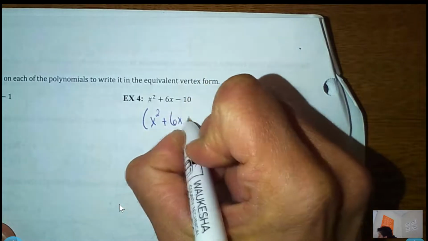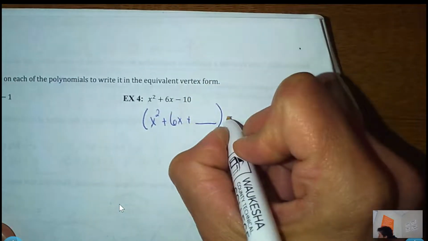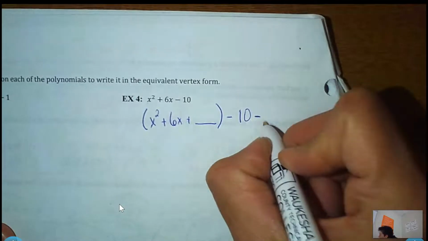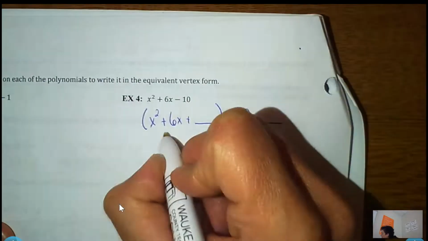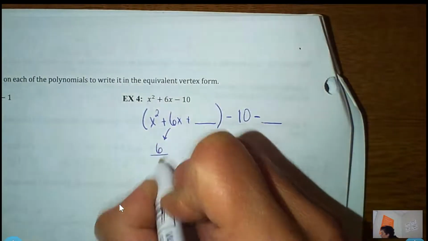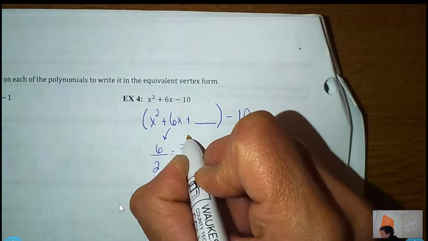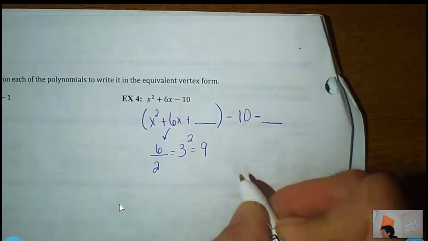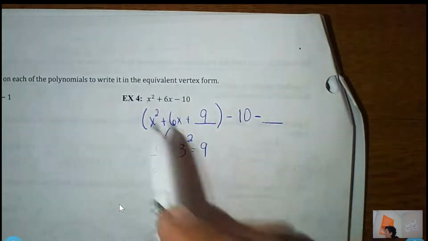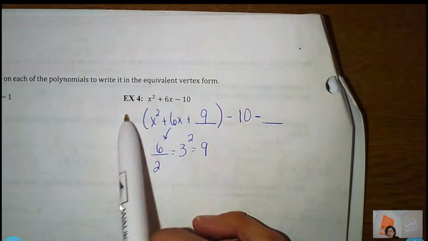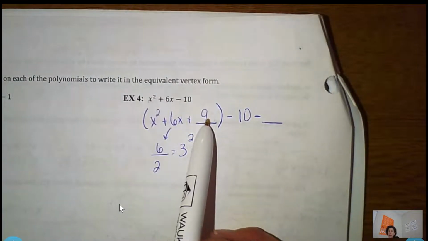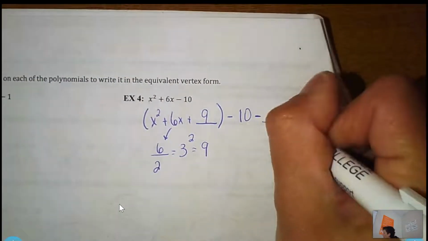And as I do that, I add a blank. There's the minus 10, doesn't make it in the parentheses, and I'll subtract a blank. And then you're going to take this number, you're going to cut it in half and get 3. And then you're going to always square that number, and that's 9. And 9 goes in here, and now I just want to check for a bunny hop. There is no bunny hop, so I really have only added 9, which means I can subtract 9.